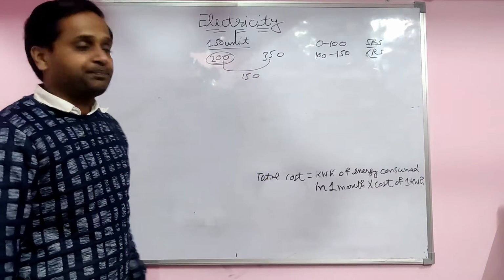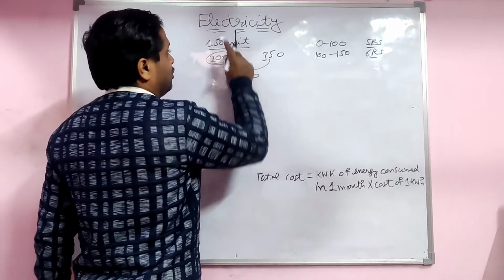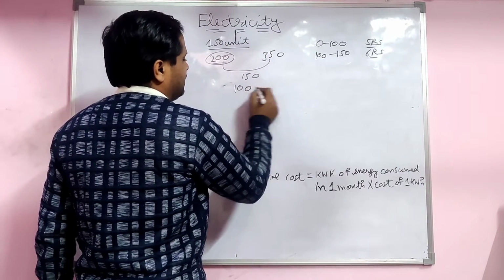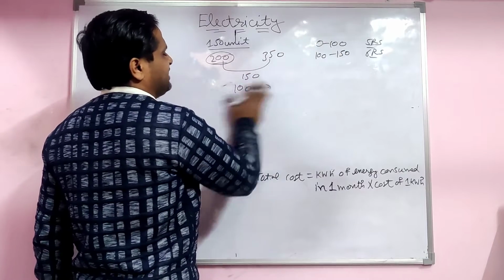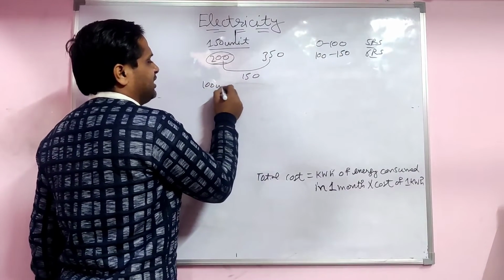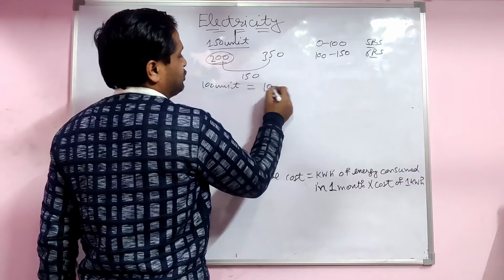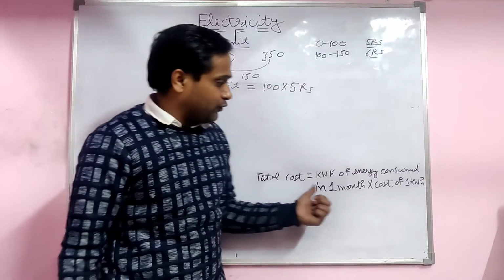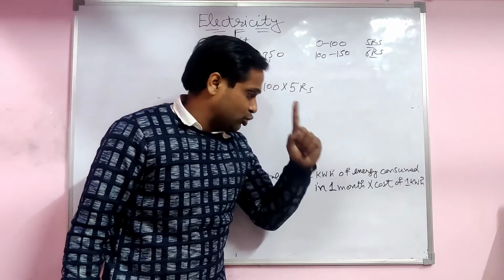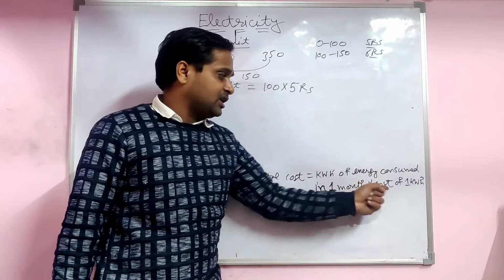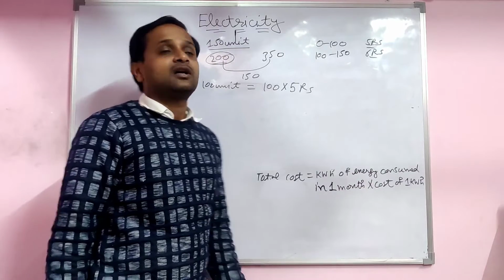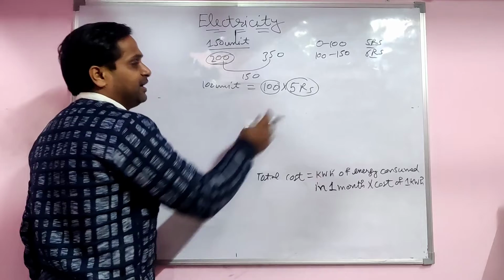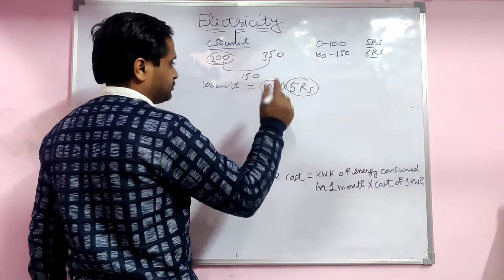So now we have to see. 150 units consumed. For the first 100 units, the rate is 5 rupees per unit. So total money spent is 100 into 5 rupees. The cost of 1 kilowatt hour is 1 unit.